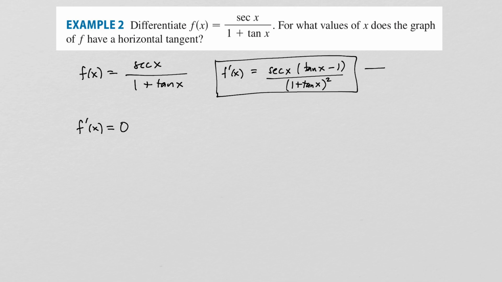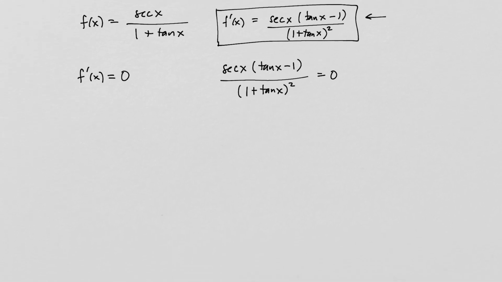So that means that this function here, secant of x times tangent of x minus 1 divided by 1 plus tangent of x quantity squared, must be 0. And now we need to remember the only way a fraction can be 0 is if the numerator of the fraction is 0. So this means that either secant is 0 or tangent of x minus 1 is 0.